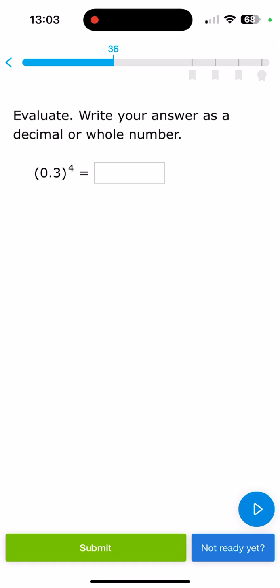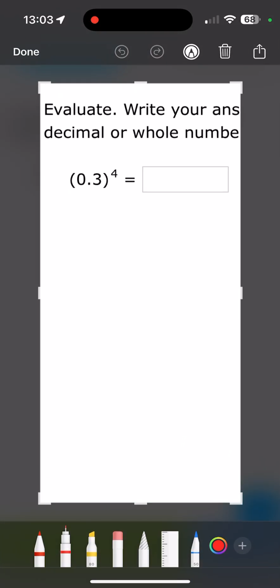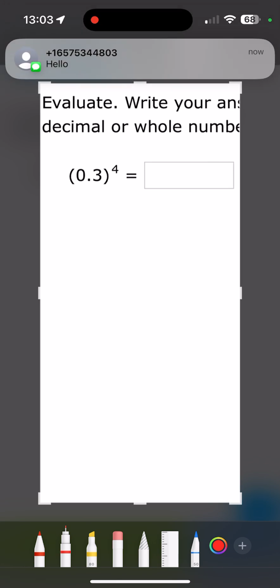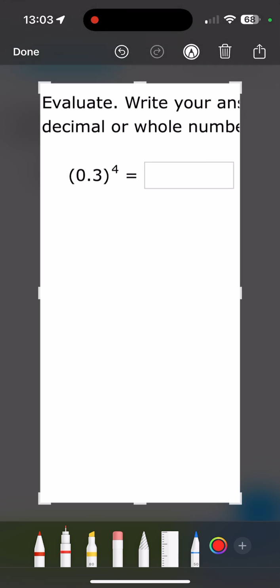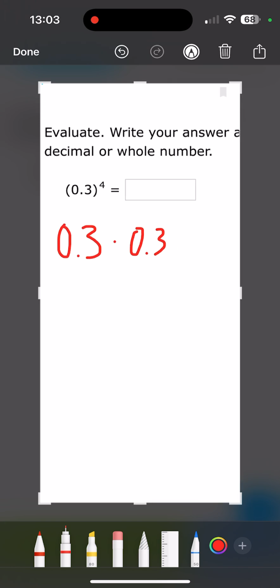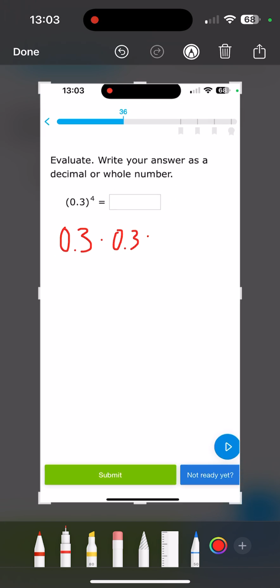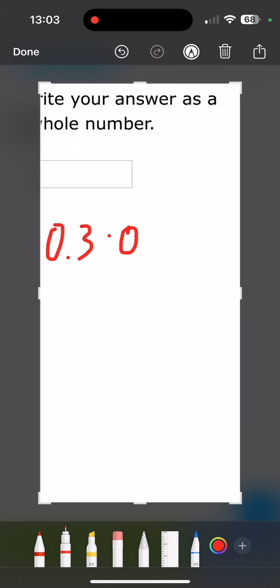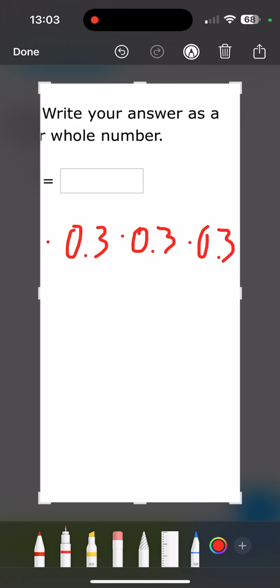All right, so this got a little trickier. We're starting to do decimals now. Okay, so 0.3 times 0.3 times 0.3 times 0.3.